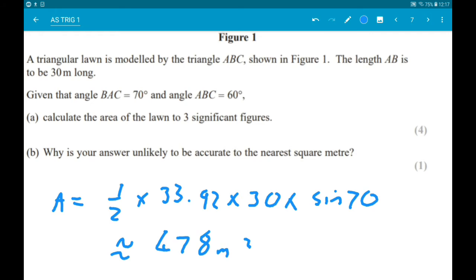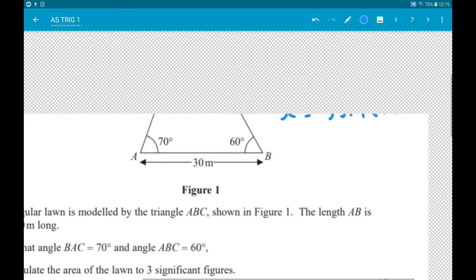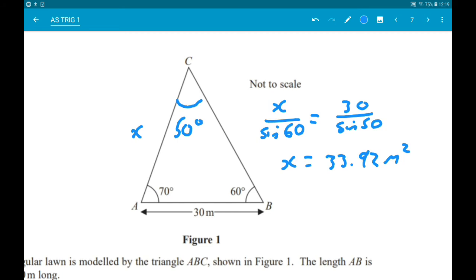meters squared. Okay, then for part B, we want to explain why our answer is unlikely to be accurate to the nearest square meter. So, looking at the model, it's highly unlikely the angles were exactly 60, 70 and 50 degrees. It's highly unlikely the bottom length was exactly 30 meters.